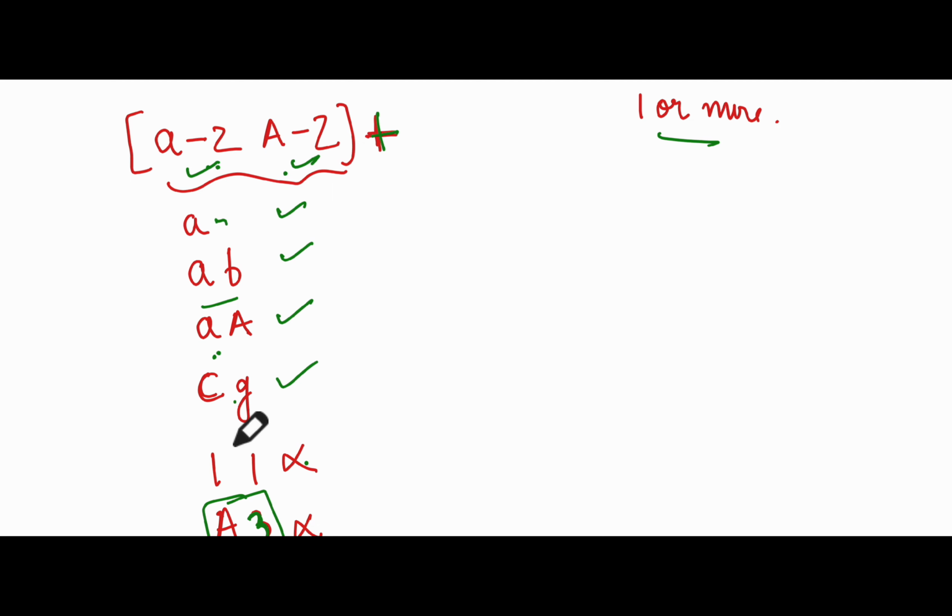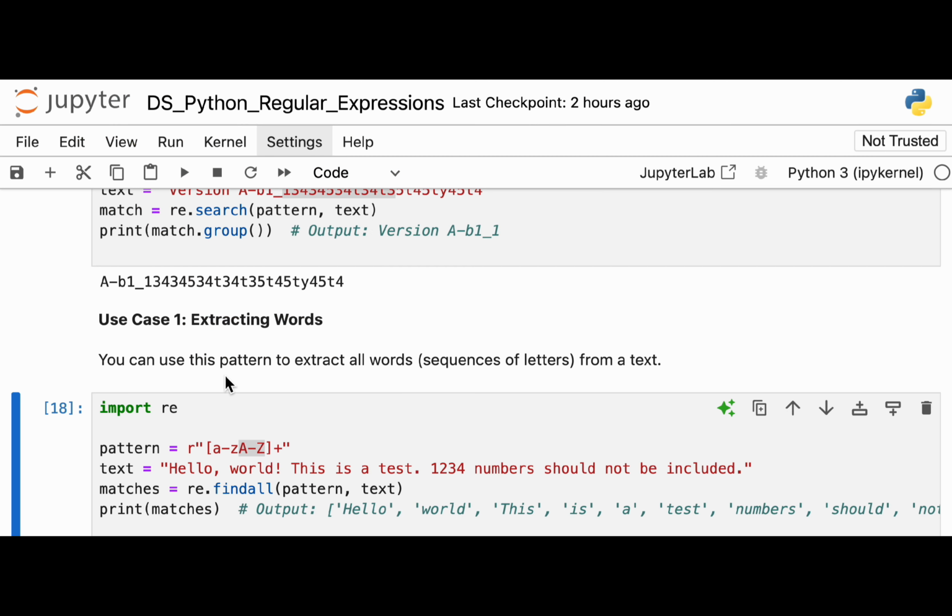Okay, so let's see what results come. Now we have a text: hello world, this is a test, blah blah. We have different words: hello, comma, then world, hyphen, and a lot of things, one number and everything.